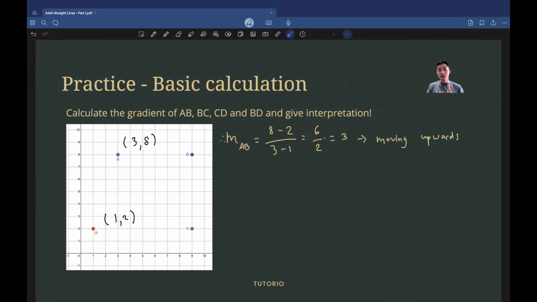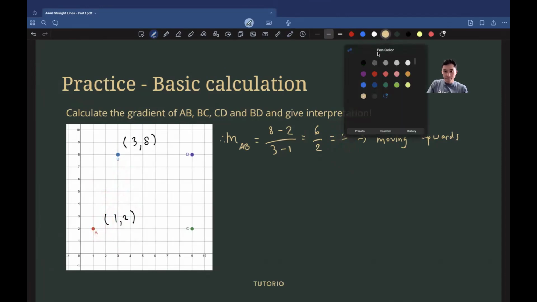But in gradient, you use the language of 1 step of the x movement. So here, 3 resembles 3 over 1. So you can see that every 1 step to the right is 3 steps increasing. So this is 3 over 1. We need to explain it that way.